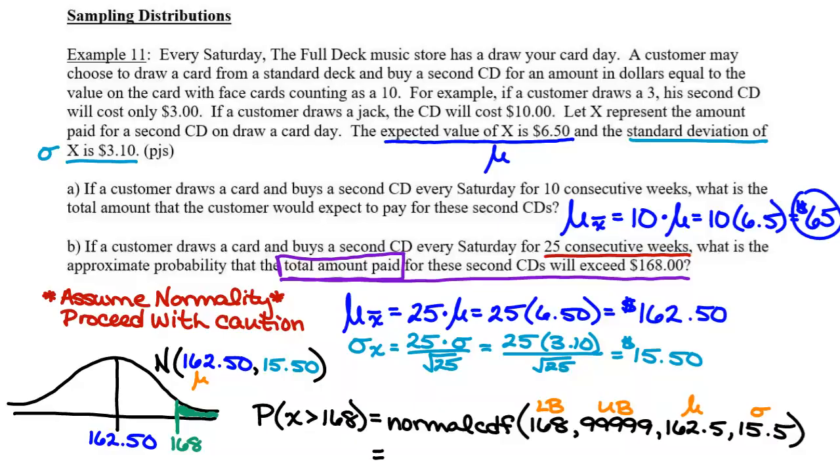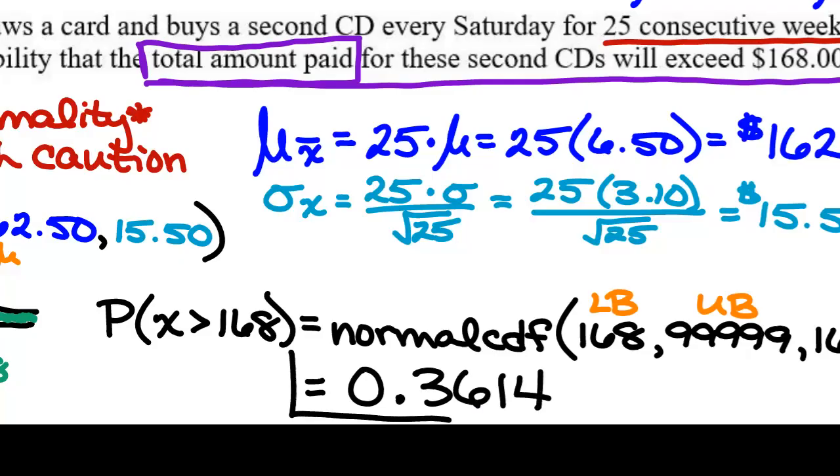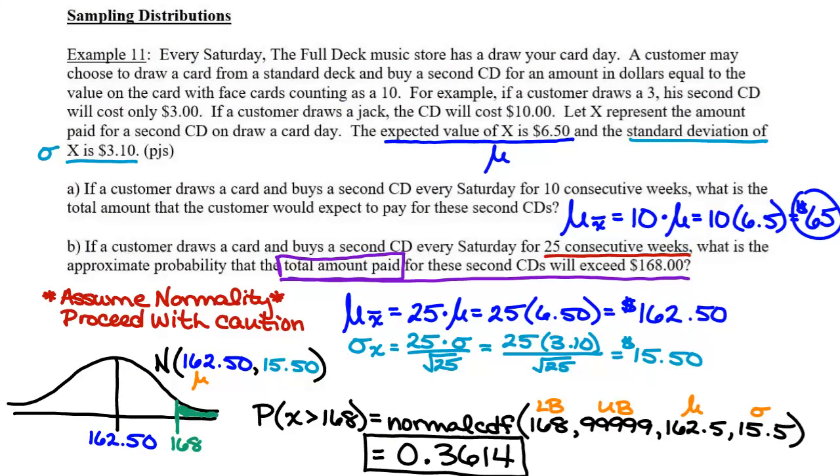If you were doing this using table A, so calculating a z-score and then looking up the area in table A, then you would have to use the complement for a greater than. What is our probability? 0.3614. Nicely done.